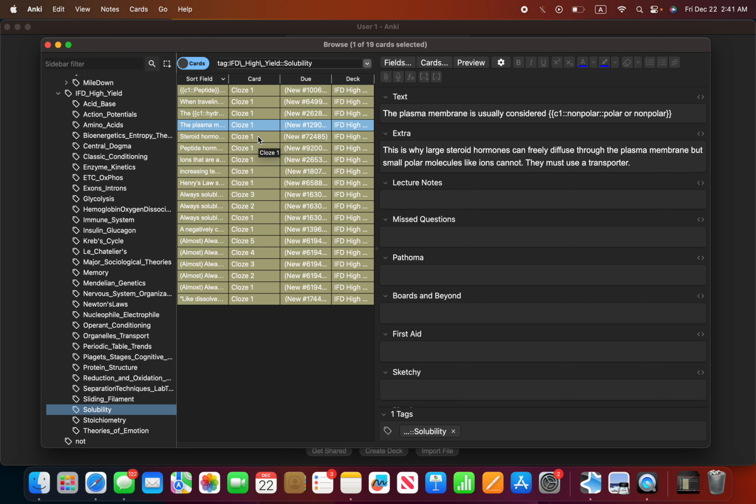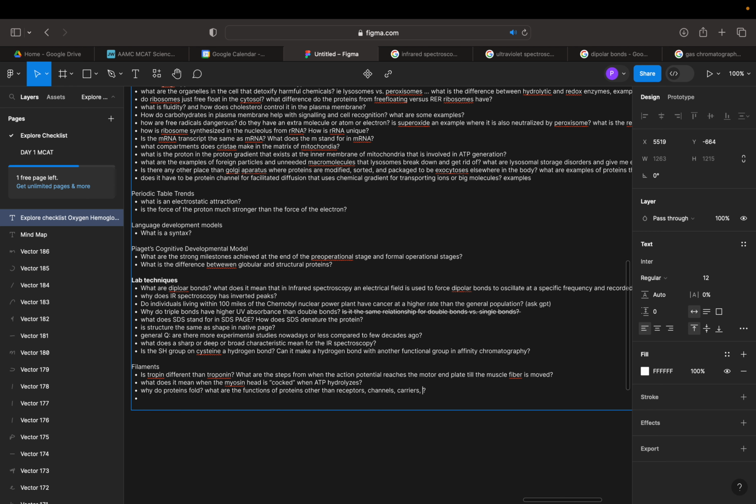The plasma membrane is usually considered, so we know we have receptors and channels that are also proteins. So other than receptors, channels, carriers, what else?